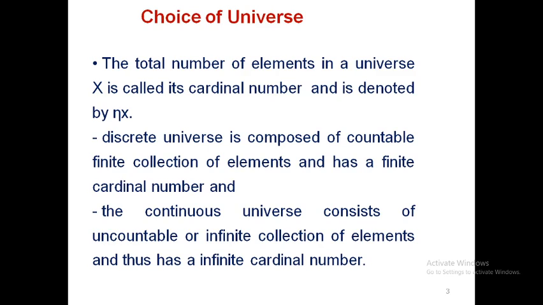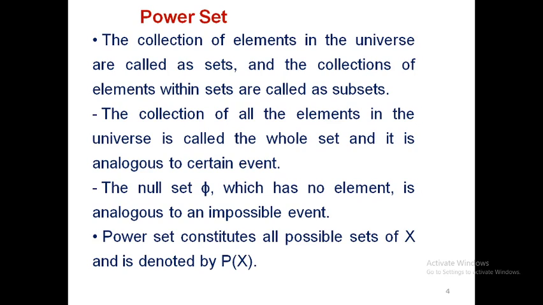If it is a continuous universe, it consists of an uncountable or infinite collection of elements. Thus, it has an infinite cardinal number. And we will see this with an example. What is power set? The collection of elements in the universe are called sets.